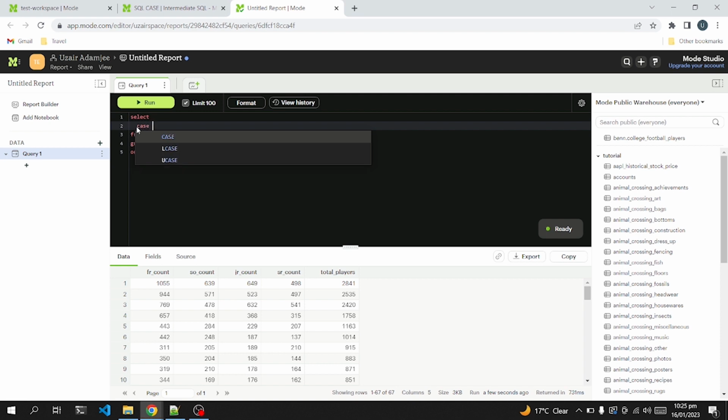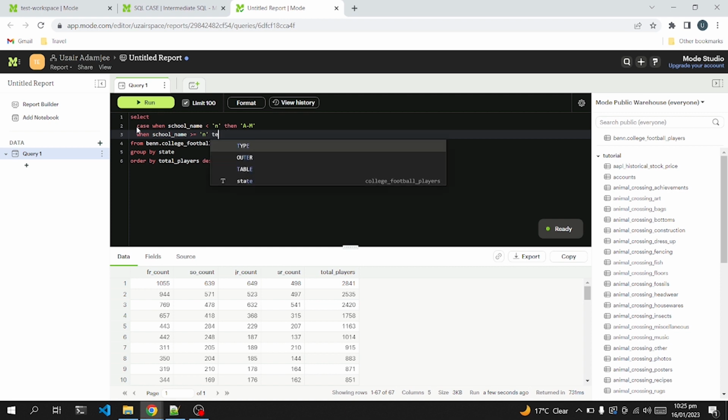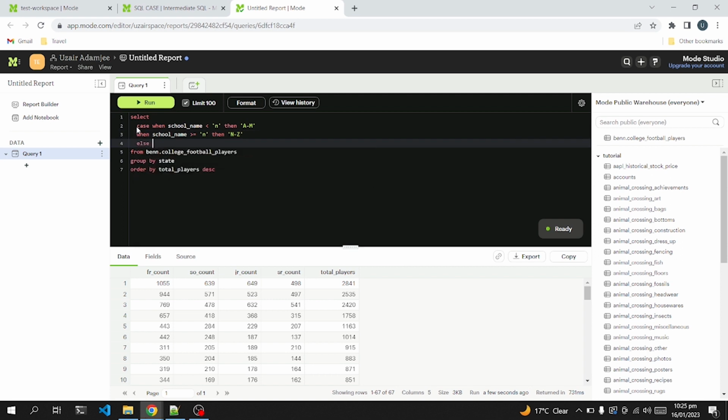Select case when school name is less than N, then mark it A to M, when school name is greater than or equal to N, mark it as N to Z, else null.